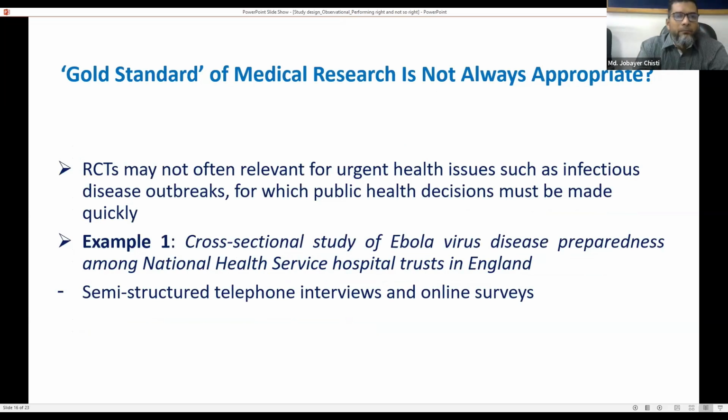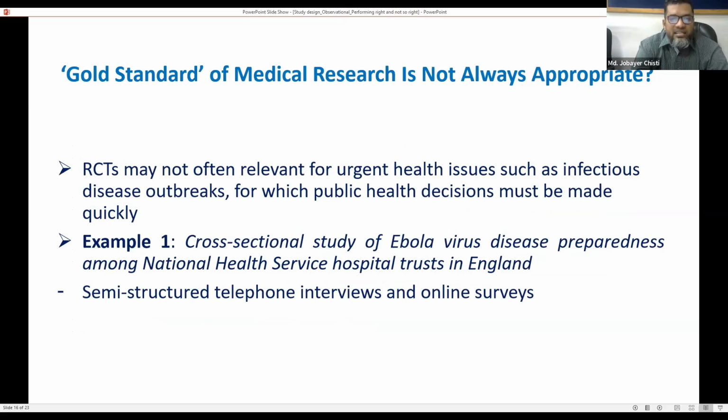And there is another example. There is another cross-sectional study of Ebola virus disease preparedness among the National Health Service Hospital Trusts in England, where a randomized trial was not considered because it was an urgent health issue, and there was an outbreak.